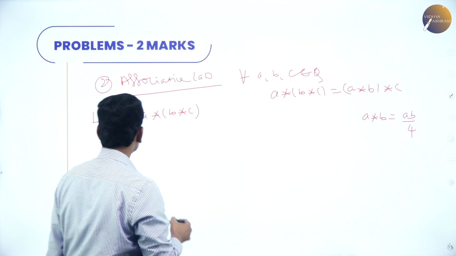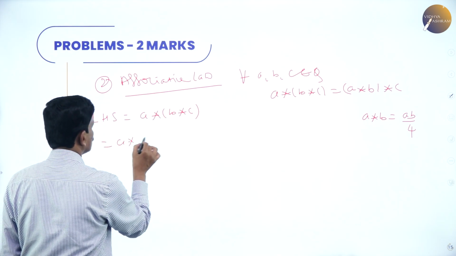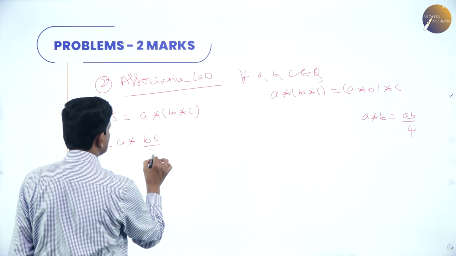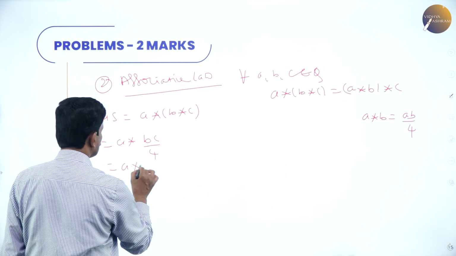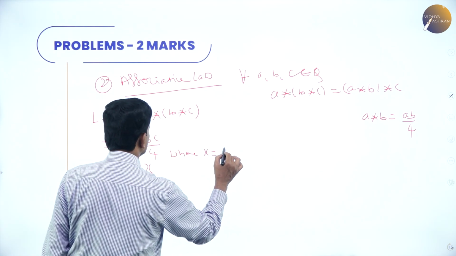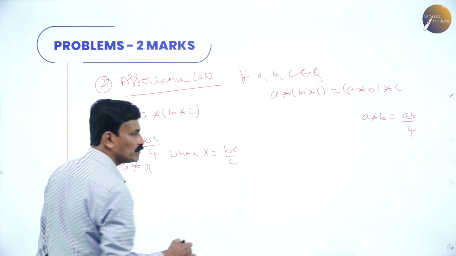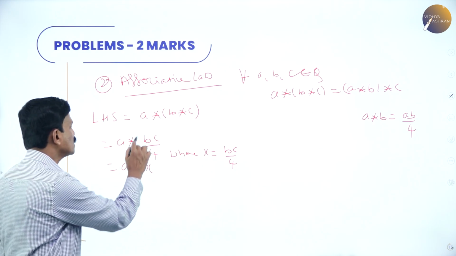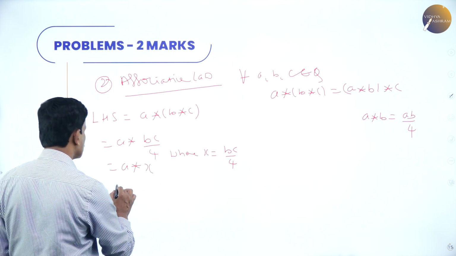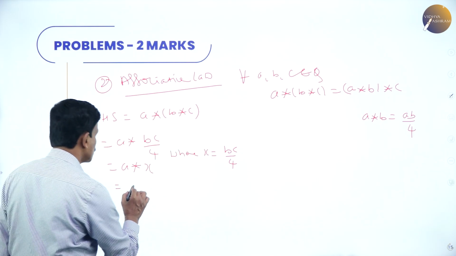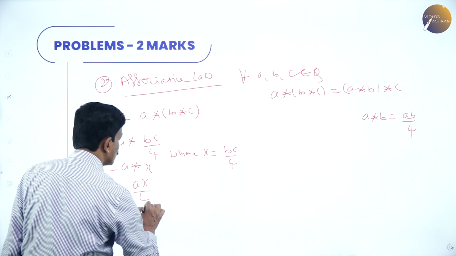Now if a star b is equal to ab by 4, then b star c can be written as bc by 4. Let us call it X, where X is equal to bc divided by 4. Let me explain one step in detail. a star (bc by 4), call it X, then a star X. If a star b is equal to ab by 4, then a star X can also be written as aX divided by 4.